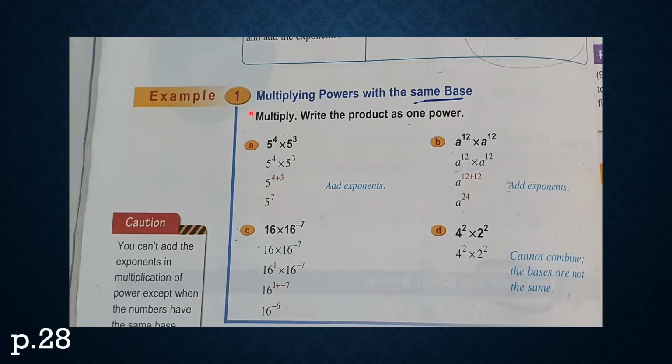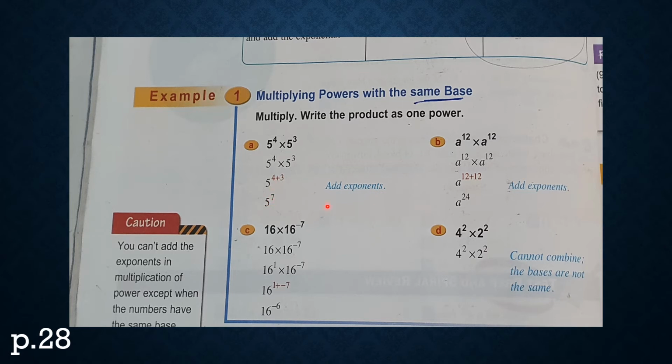So here we have example number 1 on page 28, multiplying powers with the same base. Write the product as one power. As we have the same base here, 5 and 5 are the same base. What we will do to the exponents, we will add them, like 4 plus 3 equals 7.